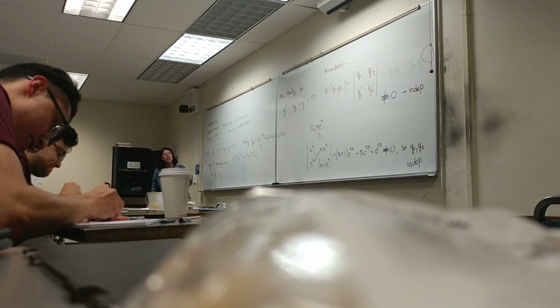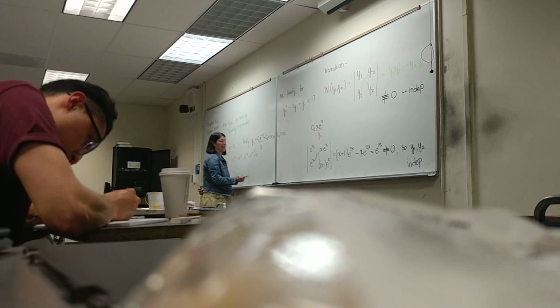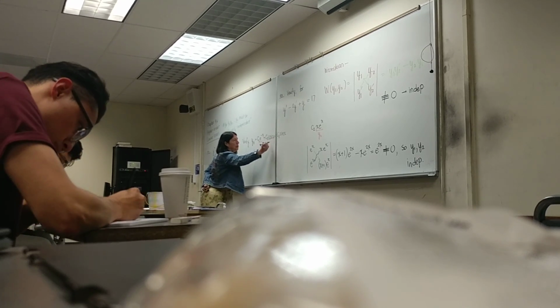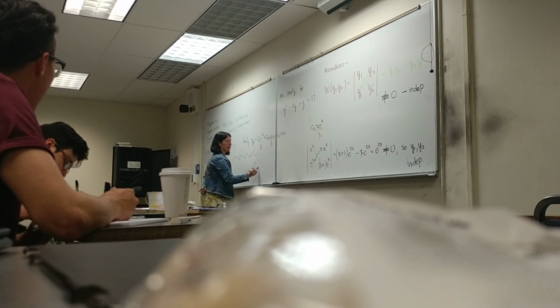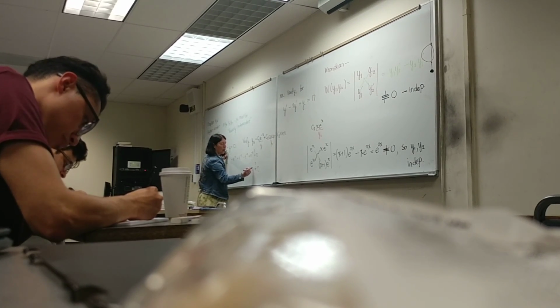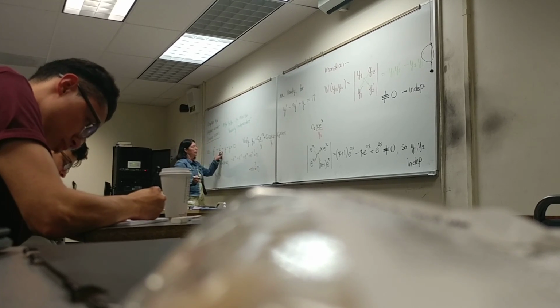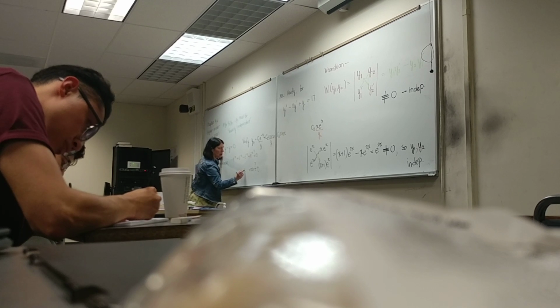Now let's check maybe just the cosine. So for the cosine, it will be Y2. So we're going to check this. This is going to be plus cosine x. The derivative of cosine, minus sine.